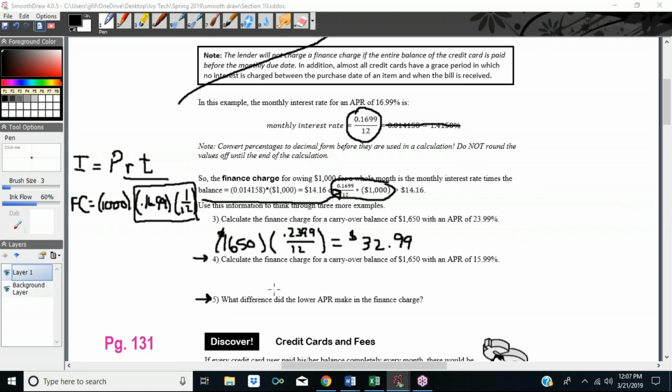So number 4 here, calculate the finance charge for the carryover balance of $16.50 with an APR of 15.99% this time. In the chat, why don't you tell me what kind of answers you got? All right, those look good. $21.99.